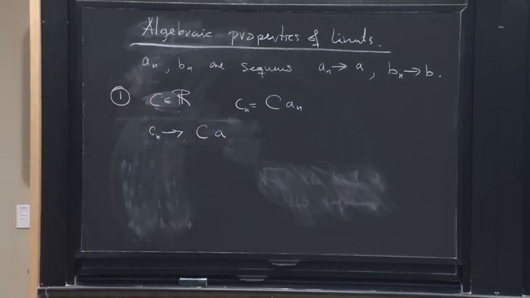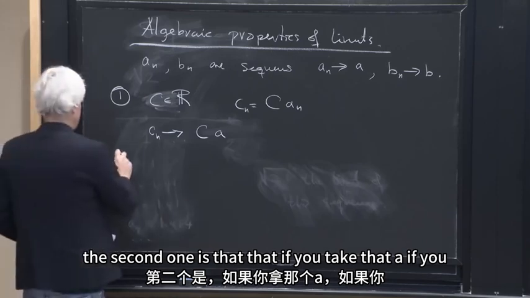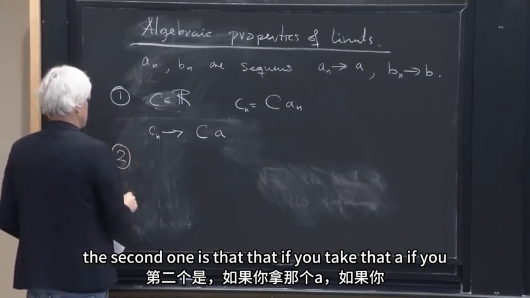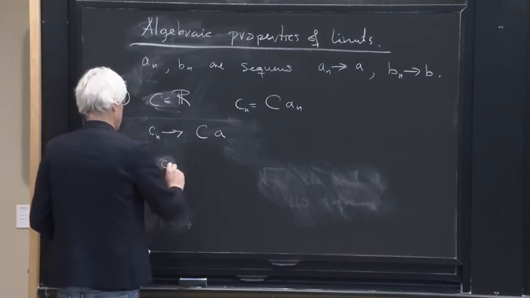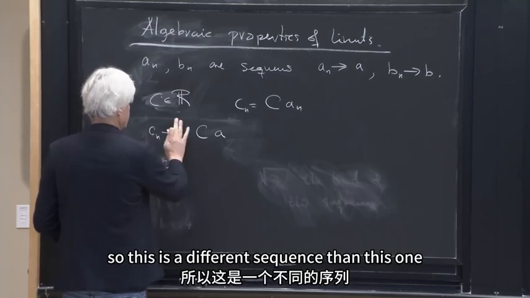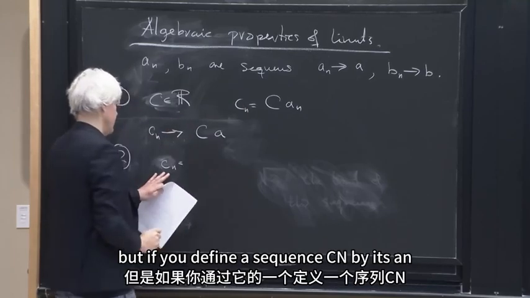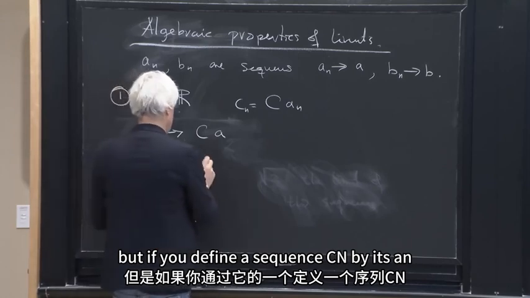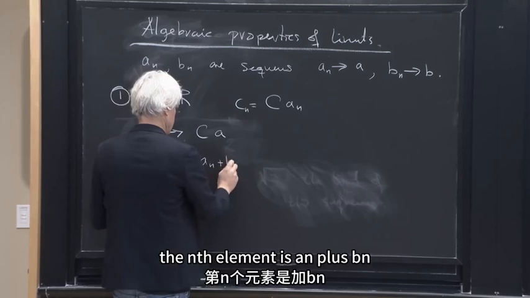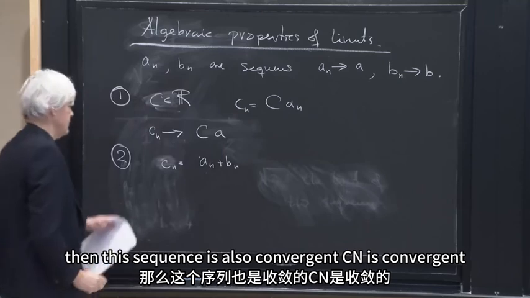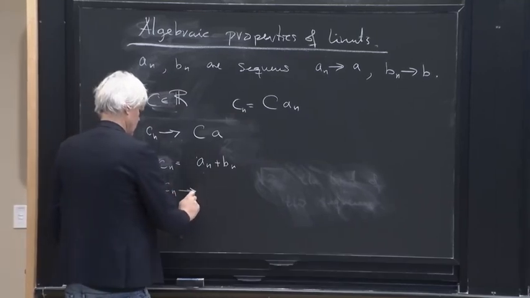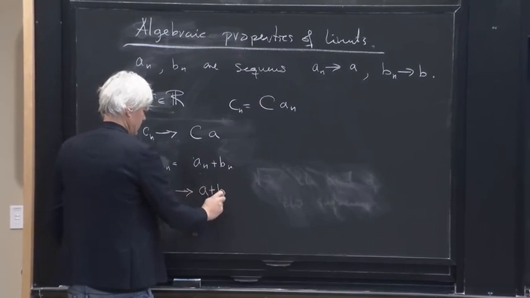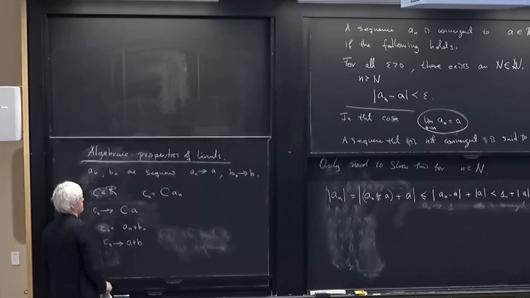Okay. The second one is that if you define a sequence, a different sequence than this one, c_n, where the nth element is a_n plus b_n, then this sequence is also convergent, and the limit is A plus B. So that was the second property.